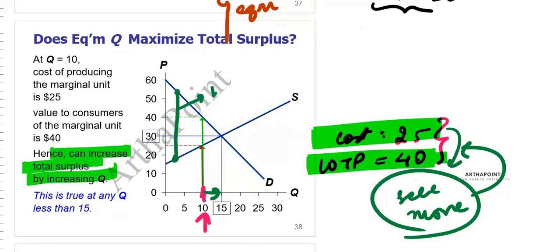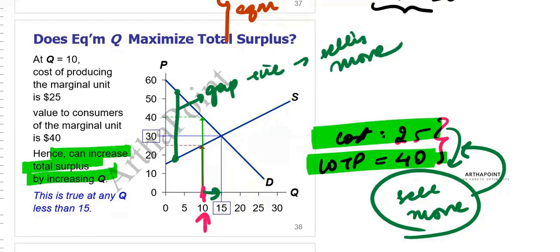If this gap is positive, you should keep selling more. Consumer wants to pay more, your cost is less, sell the unit. Consumer wants to pay exactly equal to your cost, sell. So you will keep increasing till this.